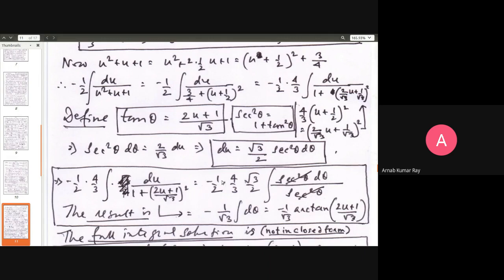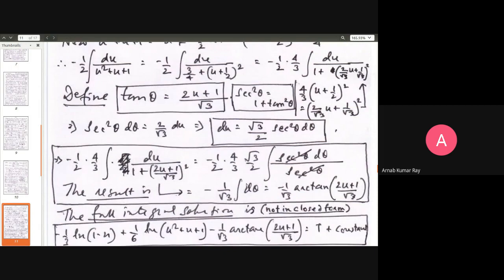Du is root 3 by 2 sec squared theta d theta, and this thing is 1 plus tan squared theta, which is also sec squared theta, so this sec squared theta and this sec squared theta cancel, and you'll just have integral d theta. There's a whole lot of cancellations here, 4, 2, 2, root 3 and 3, so minus 1 by root 3, and then you have d theta, and so the integral will be theta.